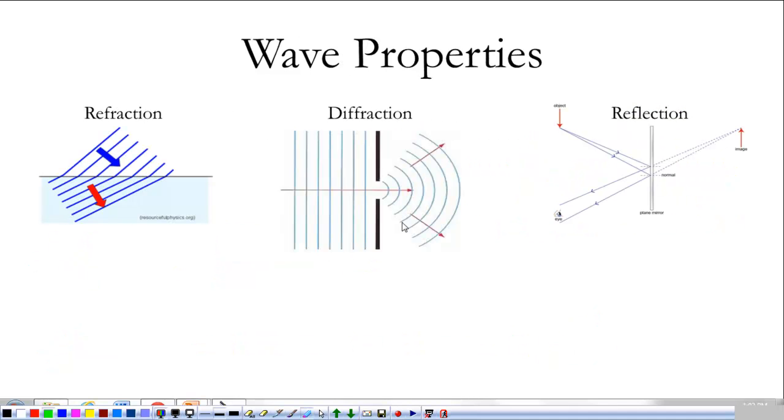Refraction, diffraction, and reflection. Now, going off of our idea with wave speed, these are all ways to bend waves. Refraction is bending as a wave changes medium.